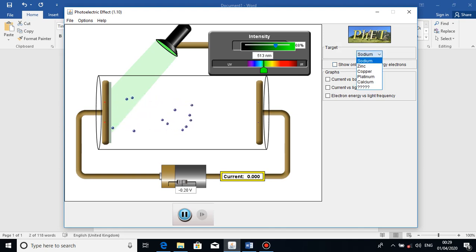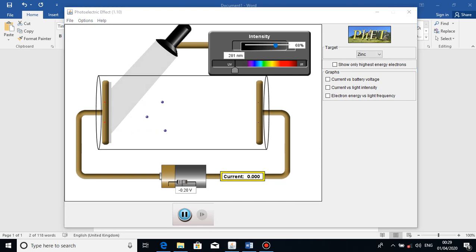I will choose zinc, then you will see that no electrons are extracted because W0 of zinc is much higher than that of sodium. So no electrons are extracted. And now I should go to the ultraviolet radiations in order to get extracted electrons again.